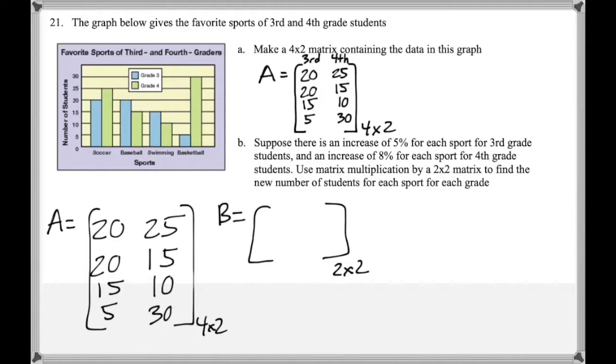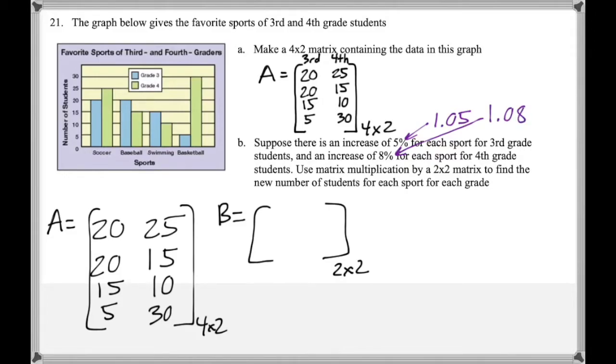So I have my matrix A, and I want to find a matrix B that's a 2x2 matrix and accomplishes these increases. So an increase of 5% means I want to multiply by 1.05, and then 8% means I want to multiply by 1.08.